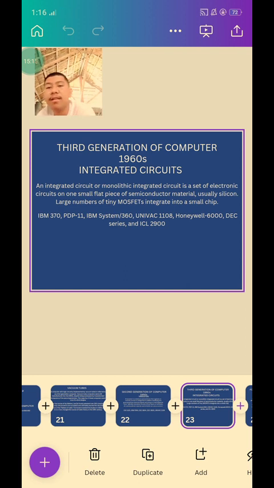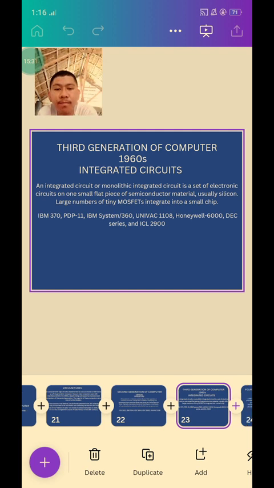Examples: IBM 370, PDP-11, IBM System 360, Univac 1108, Honeywell 6000, DEC series, and ICL 2900.